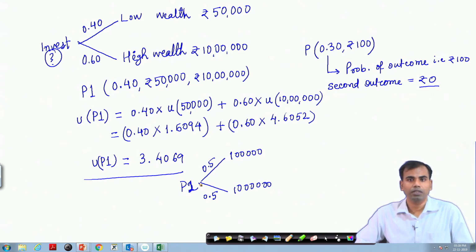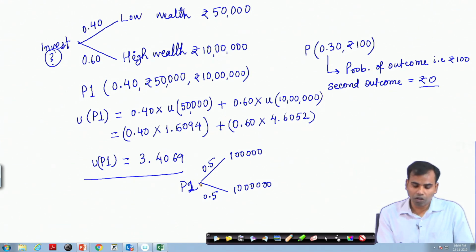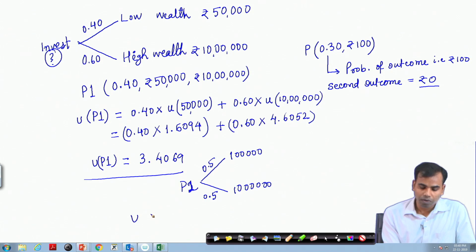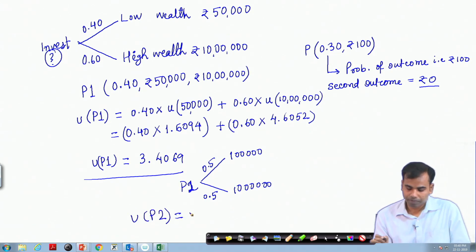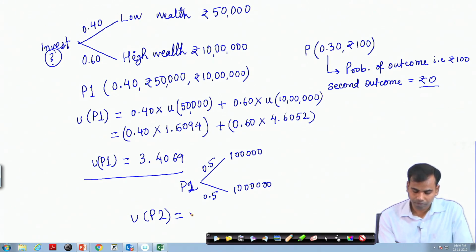If you calculate the utility in the same approach which we have just discussed, the utility of prospect 2 can be calculated as 50% of first outcome, which is the utility as 2.3026.